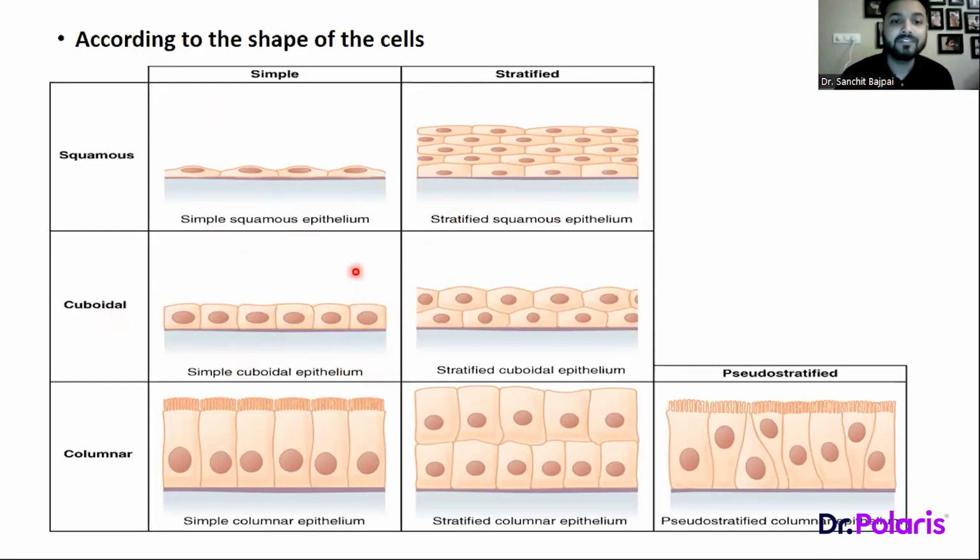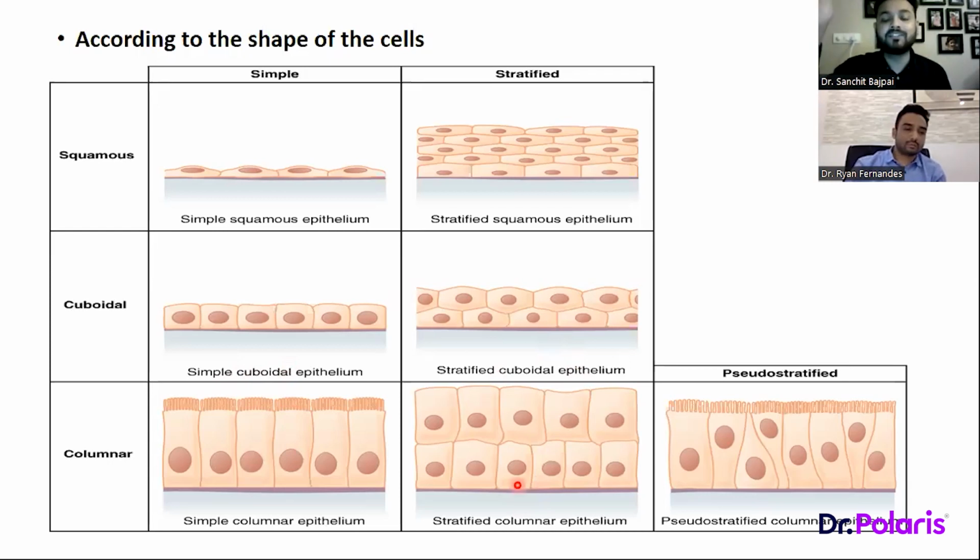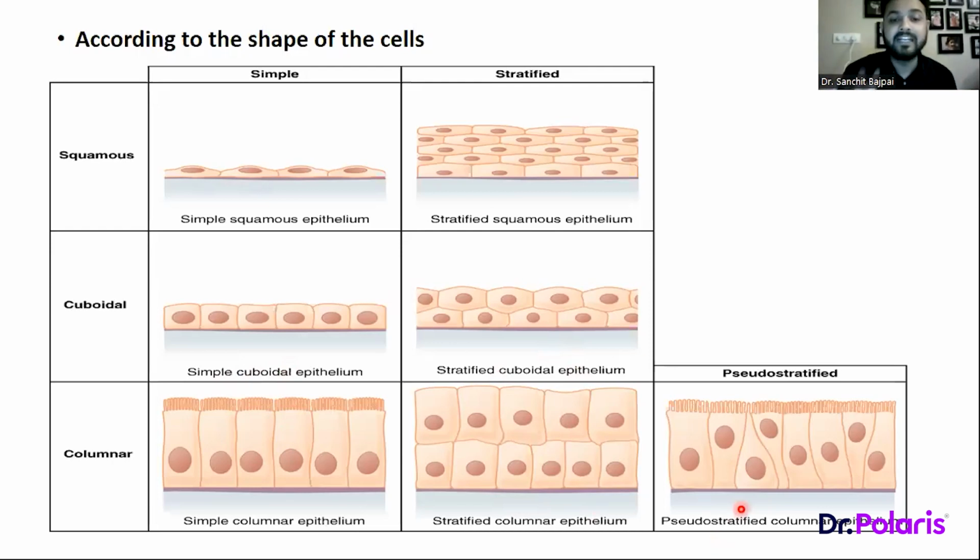If we have many cuboidal cells stacked above, it becomes stratified cuboidal epithelium, correct? Now comes the columnar part. If you have a single layer of column-like cells, it is called simple columnar epithelium. And if they are stacked one above the other in the form of columns, we call it stratified columnar epithelium. Pseudo-stratified columnar, I'll come to later when I deal with them separately.